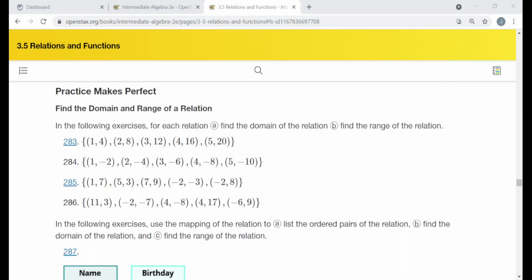All these exercises I'm going to do in this video are taken from a free online textbook from openstax.org. The textbook is Intermediate Algebra 2nd edition.